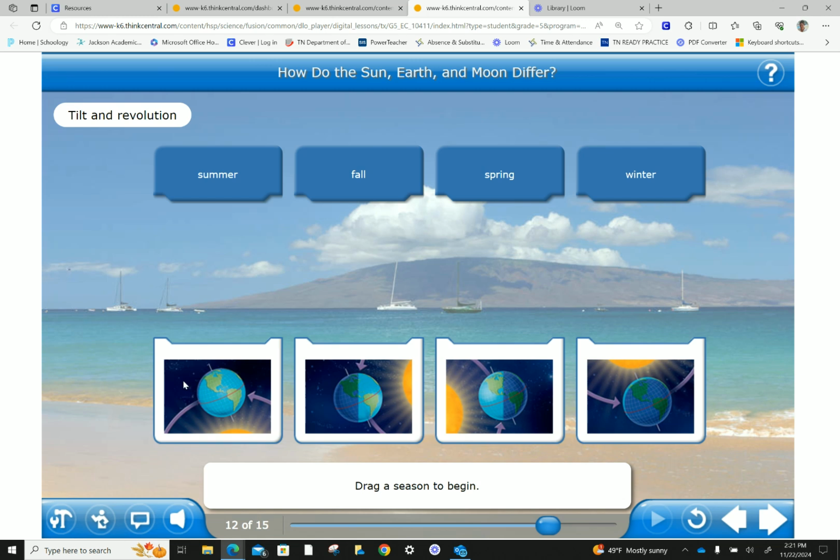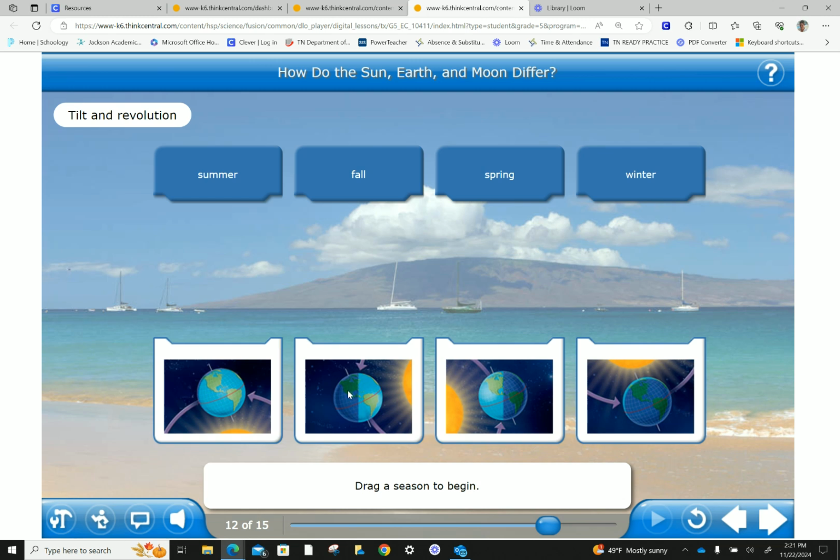Now we are also looking at the tilt of the axis, and what we can see here is this green shape up here, that is North America. It's in the same place on each of these globes.